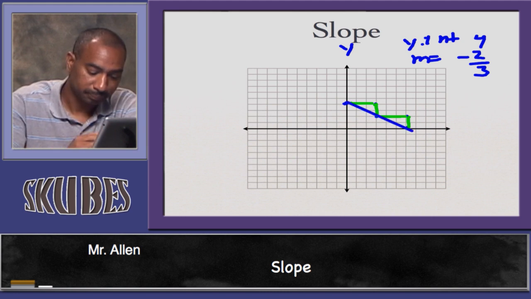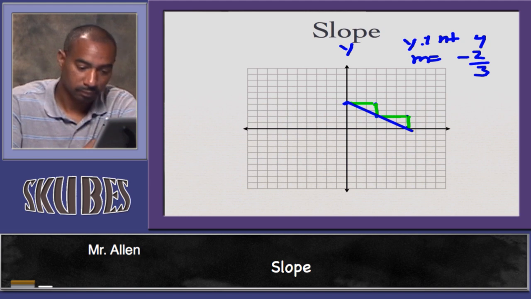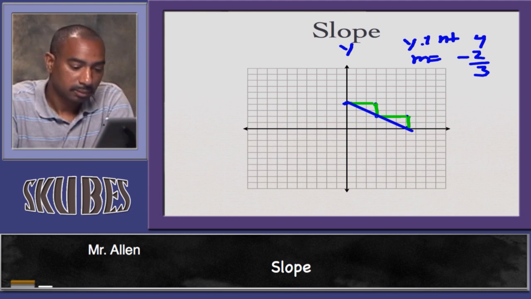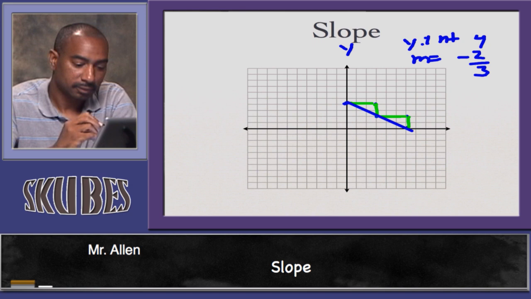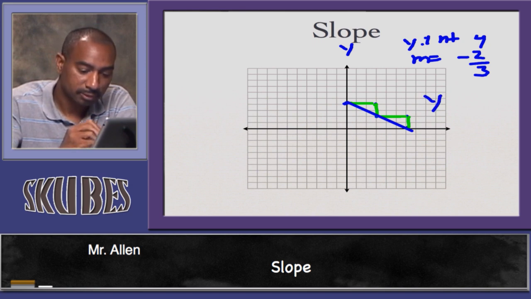And it keeps going. But this is the line, y equals negative 2/3 x plus 4.